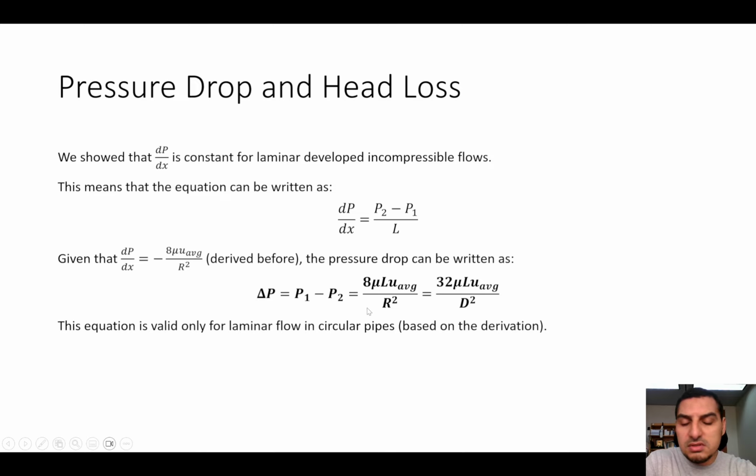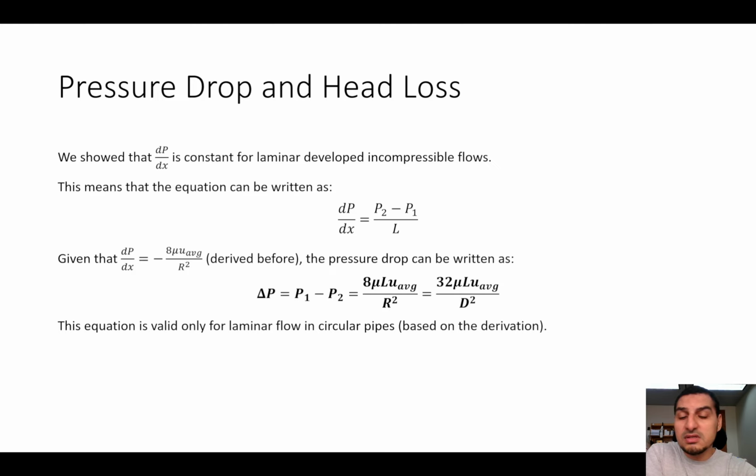Of course, this equation is going to be valid only for the case that we derived it for, so it's not valid for any other condition or any other case. The second thing here is that delta p is defined as p1 minus p2, and we don't have the negative sign here. The reason we did this is because we don't want the pressure difference to be negative.